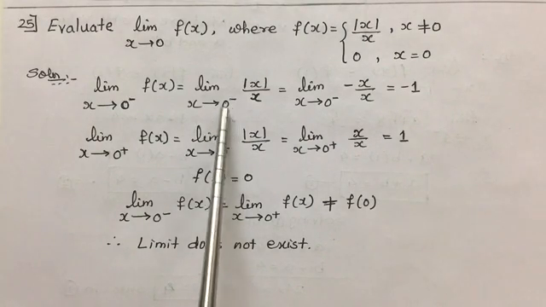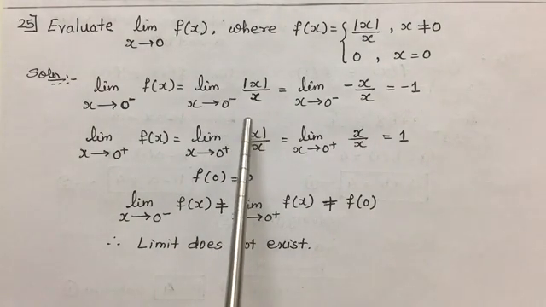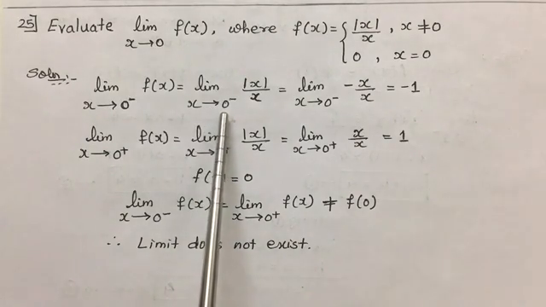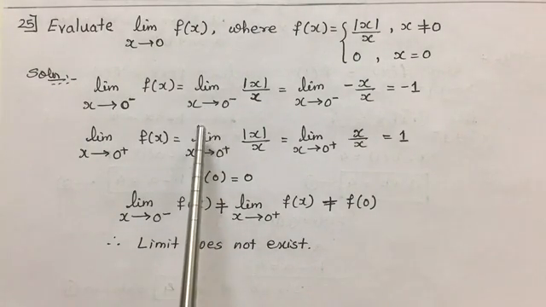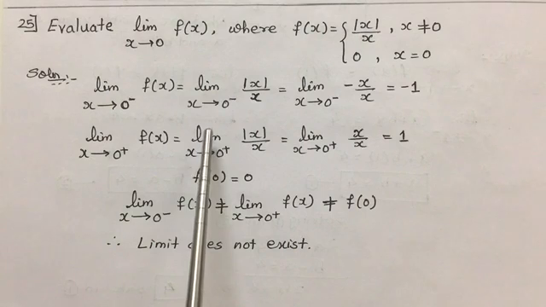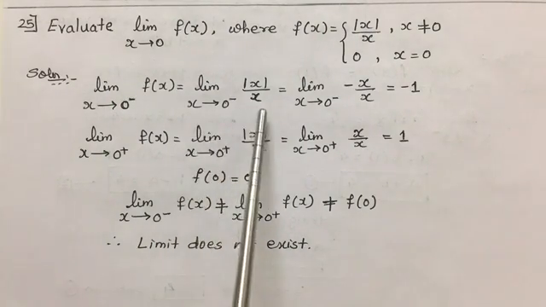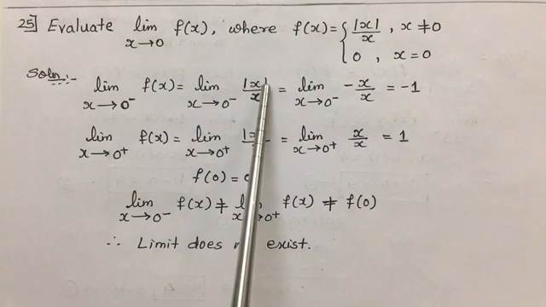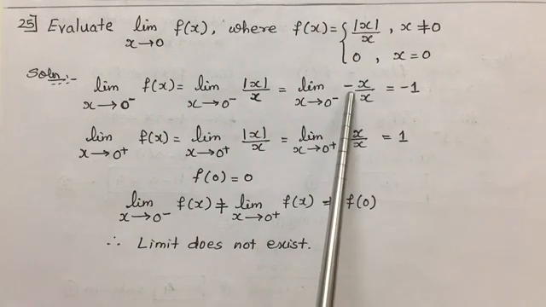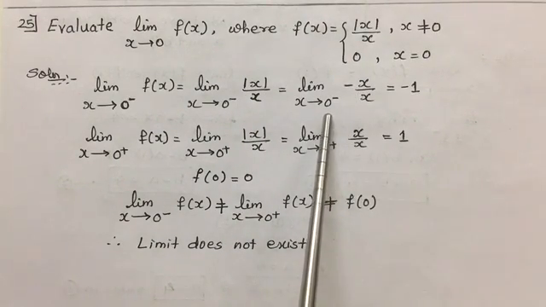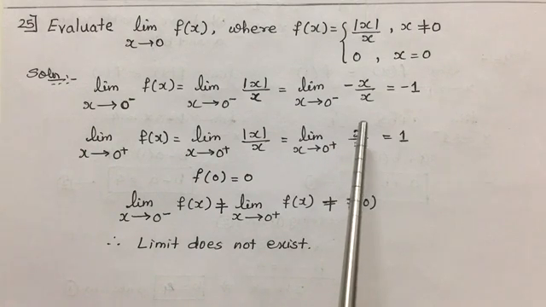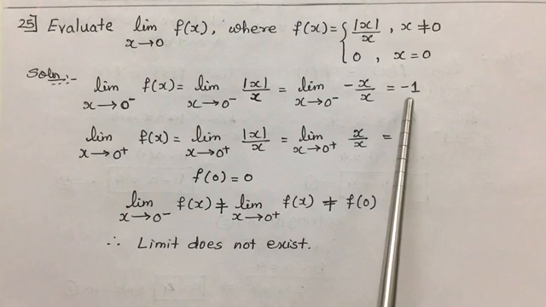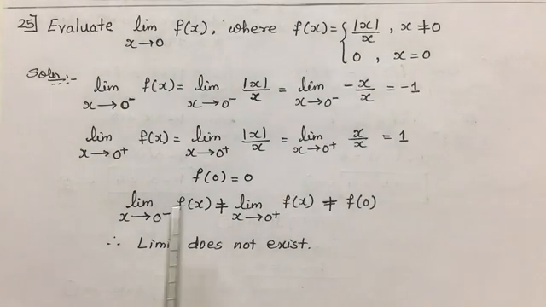Now as we have taken limit x tends to 0 minus, that means x is approaching from left of 0. Now left of 0 all the numbers are negative. So when we open the mod, we have to keep a negative sign for 0 minus. So we get here minus x divided by x, that will be equal to minus 1.